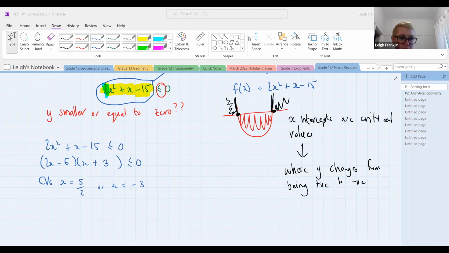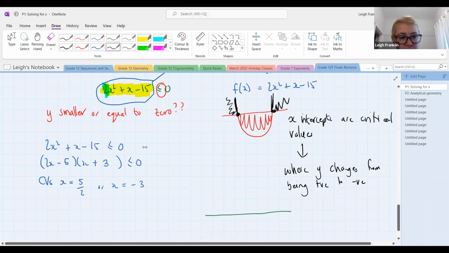Good, Diana. I agree, that is the answer. But before we get there, we have to show this either on a number line or by drawing a parabola. Okay, so if you choose to draw a number line, matrix, that is your x-axis.